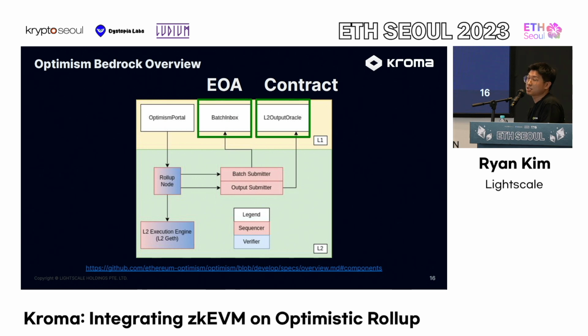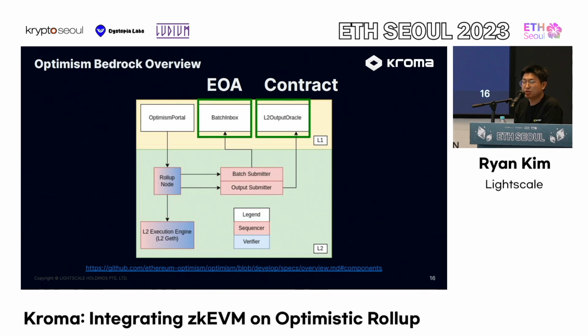One is the batch submitter, and the other is the output submitter. The batch submitter compresses transactions and submits them as a batch via calldata to an EOA, which is called the batch inbox. But in the case of the state root or state commitment, the output submitter submits it to the contract.